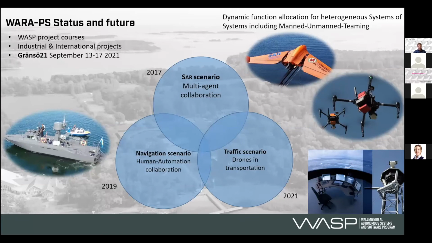So initially, we started up with search and rescue, but we have also added the navigation scenarios. And this year we will add traffic scenarios where we can provide both a controlled and uncontrolled environment.